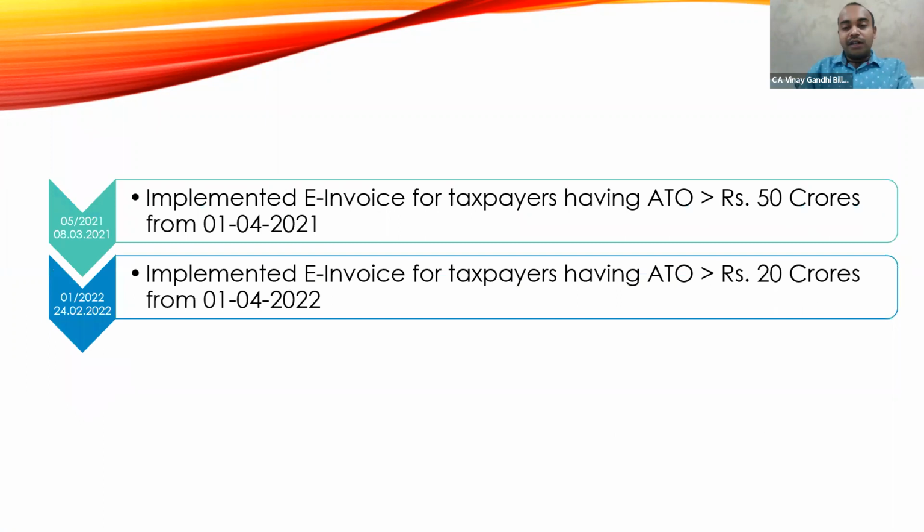And then on 8th of March, almost one year, 6 months from 1st of October till date, they have made that 500 crores firstly 100 crores, next 50 crores, now 20 crores. So from 1st of April 2022, whose aggregate turnover during any of the financial years from 17-18 onwards exceeds 20 crores, they have to issue an e-invoice.